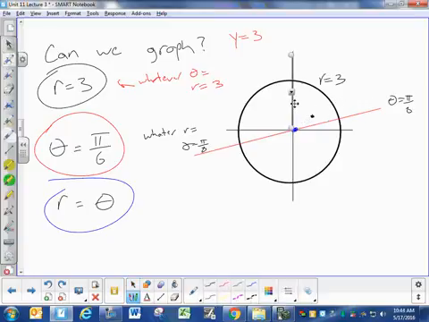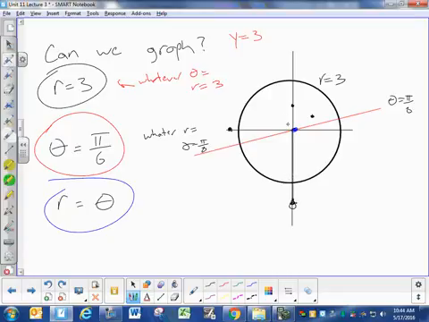Pi over 2 is a little bit more than 1. When my angle is, let's just go to pi, my radius is pi. What's pi? That's 3.14. Well, this is the radius of 3, so here's 3.14. If I go to 3 pi over 2, that's 3 times 3 is 9 point whatever divided by 2, so that's like 4.5, so we'll probably write here.